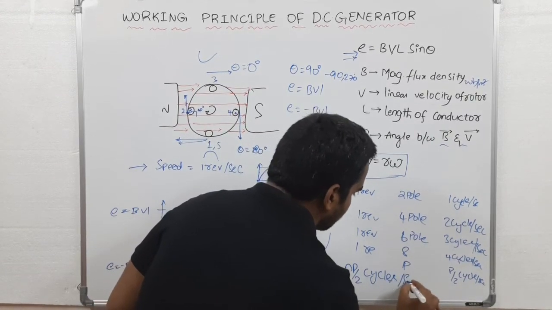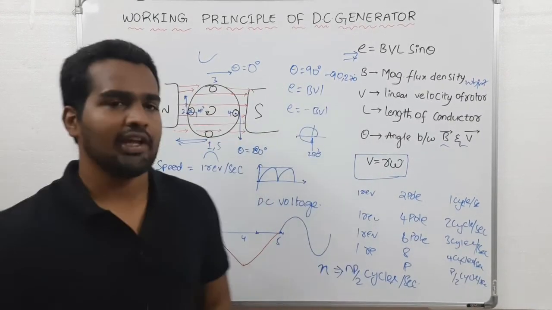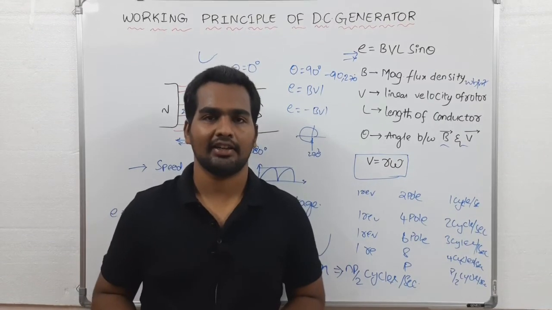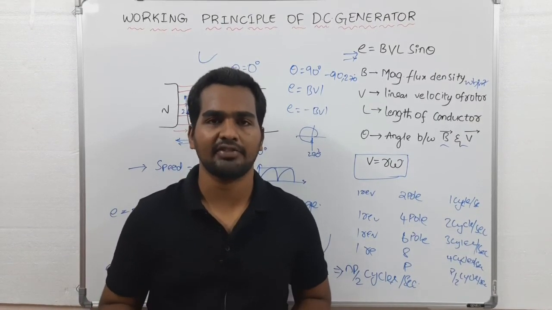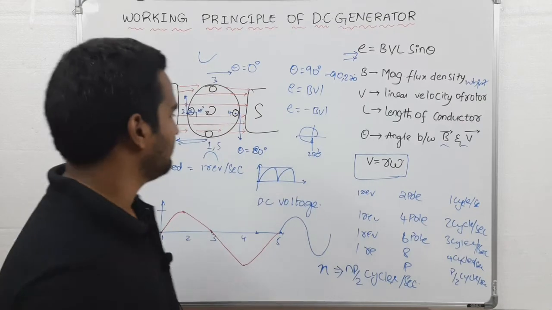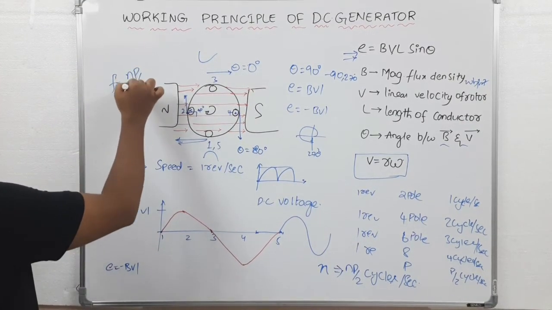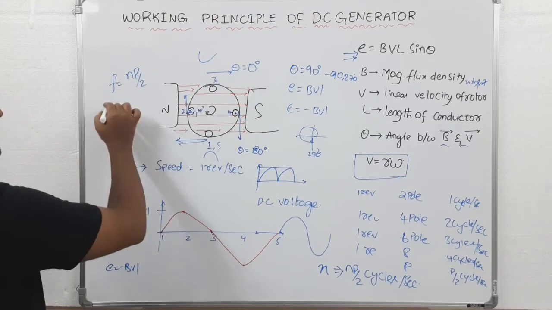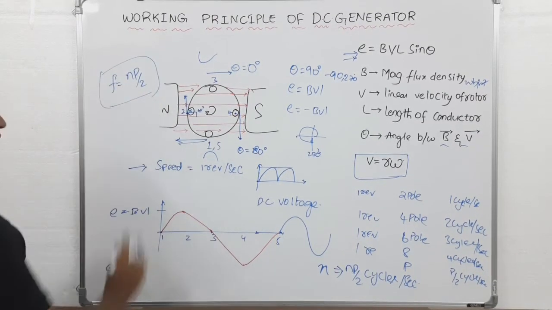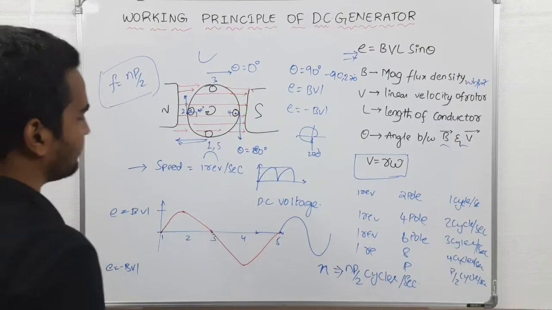Okay, we all know that the frequency is nothing but number of cycles per second. Okay, F equal to np by 2. This is the frequency of induced EMF in a generator.